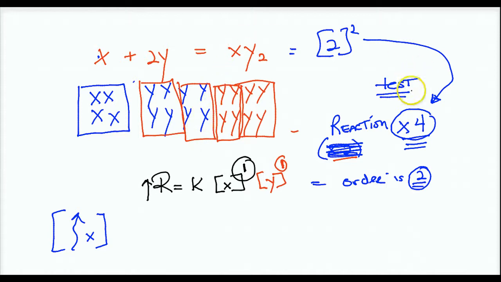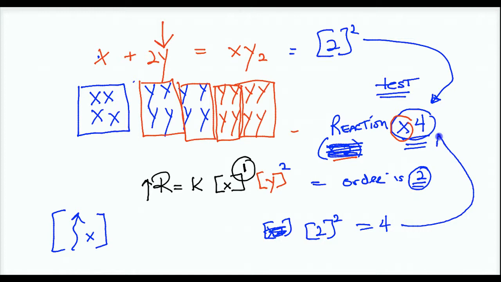So the rate is going to increase 4 times when I double this guy, because with respect to y, we would say y is second order. What does that mean? If you double y, you increase it from 1 to 2, when you square 2, you get the 4, and the rate is 4 times faster. You see that?